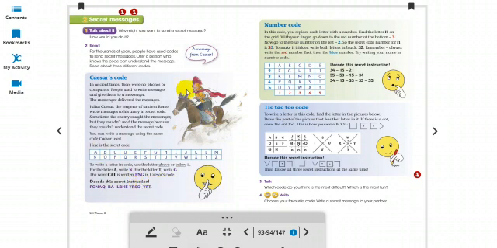So here is the first secret message game, that was not only played, but was actually used by the olden people. In ancient times, ancient means what? Old, the olden times.